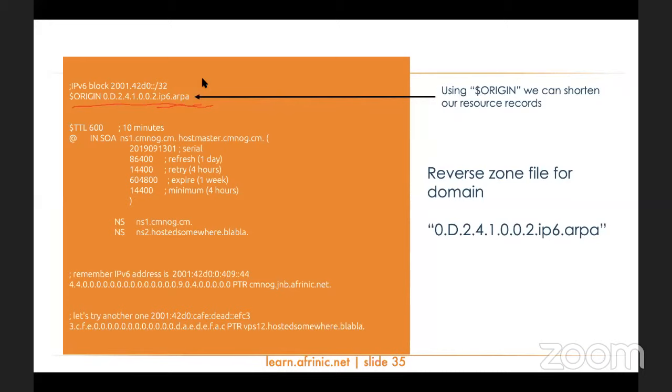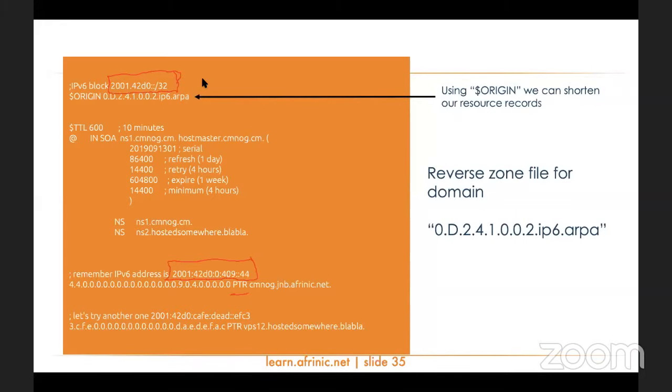For example, remember that we are managing this prefix, this one. Okay, so it's a /32 in IPv6. And here we had one particular example, one host. This is its IPv6 address. And in the reverse zone file, the resource records are called the PTR.